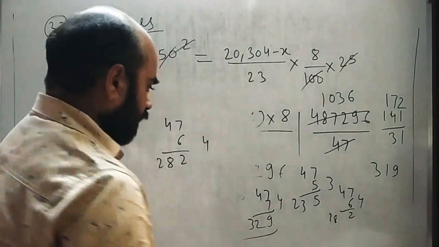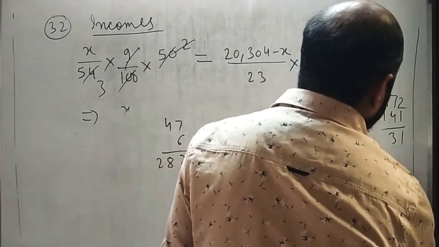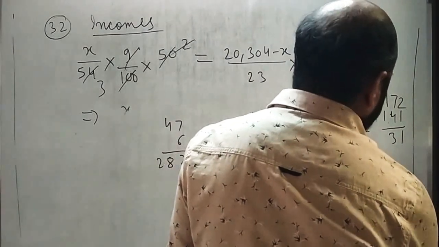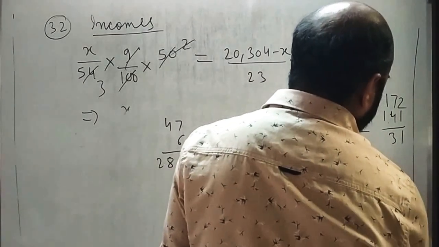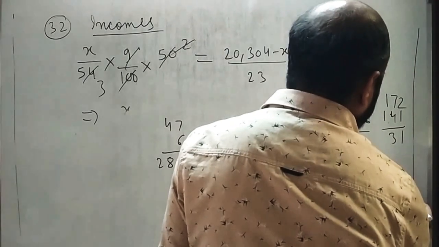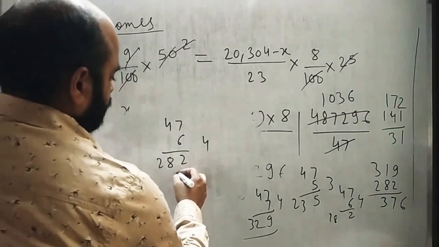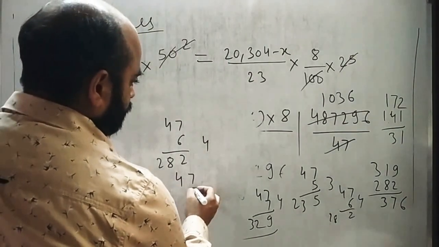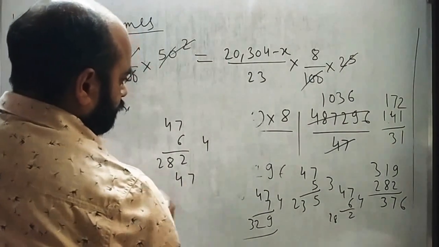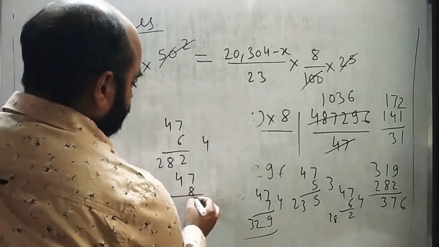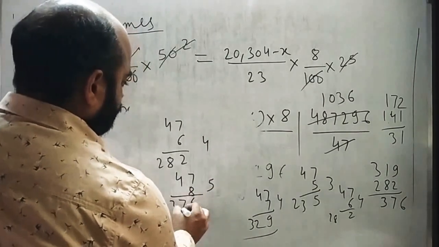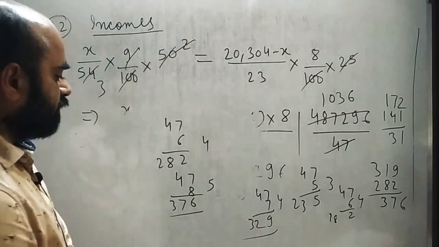So 319 and 282. So that will come 376. So that will be by 8. It means 1036.